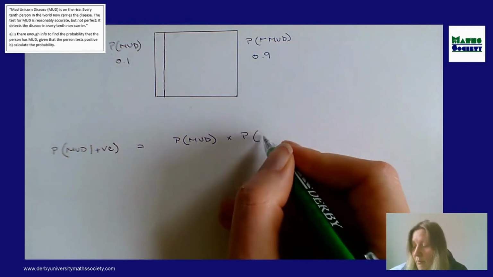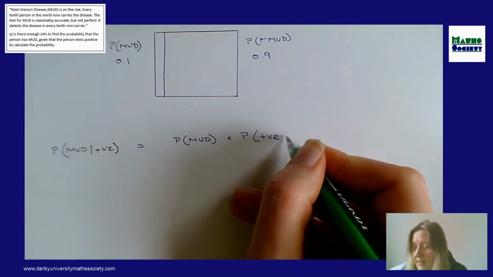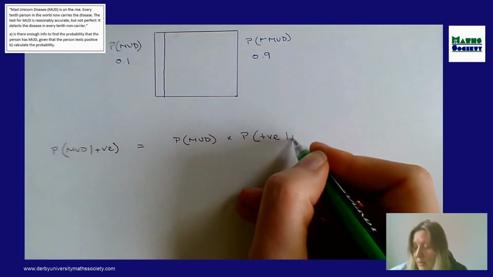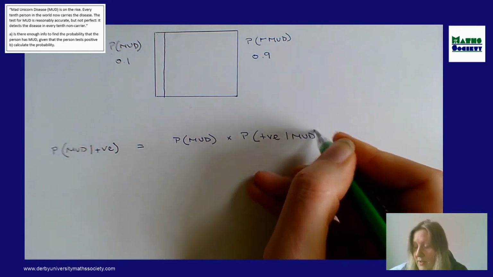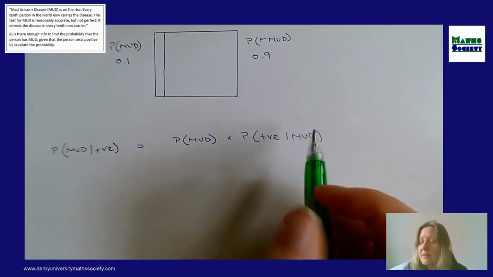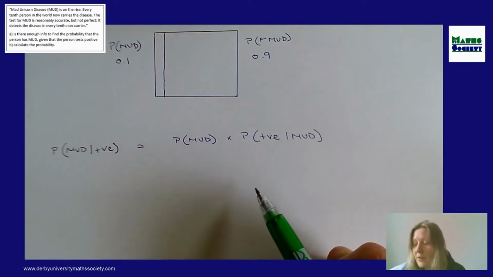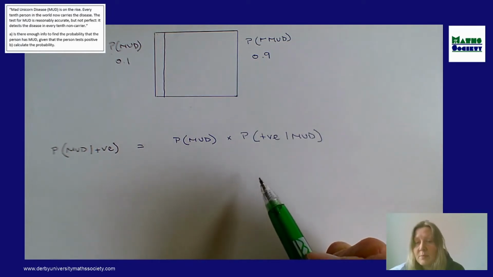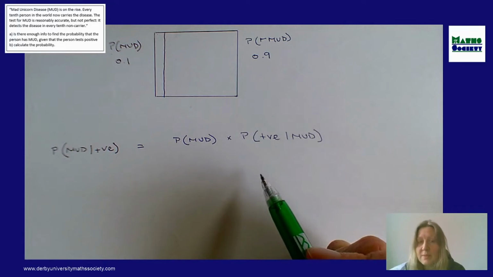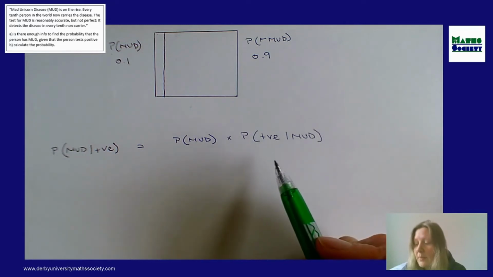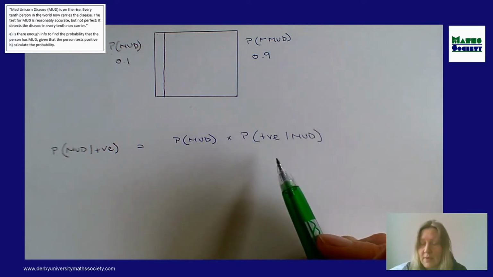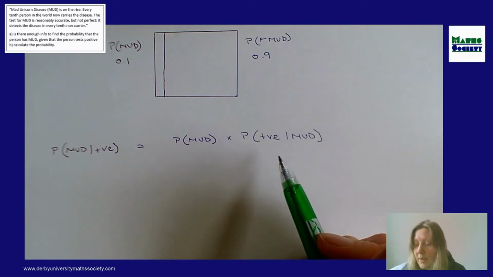If I've got MaD, what is the chance that you will actually test positive? This is a researcher's question. A bunch of researchers bring a lot of people that they know have MaD, and then see if they've tested positive or not. If everyone tests positive, that's 100%. If not everyone tests positive, that will be slightly less than 1.